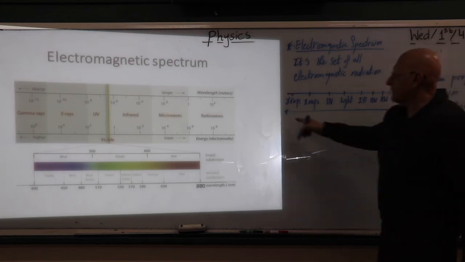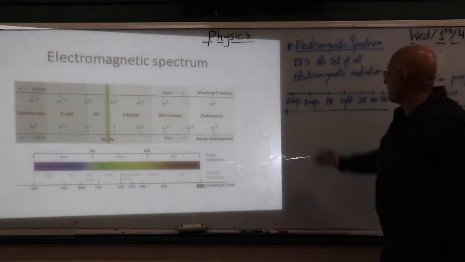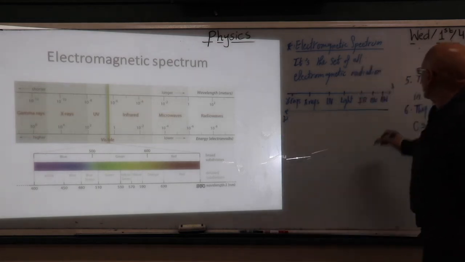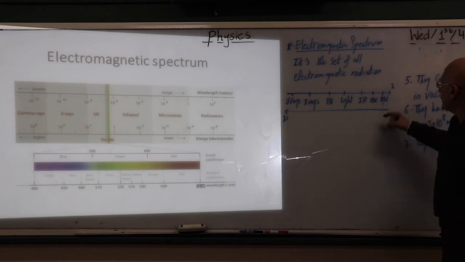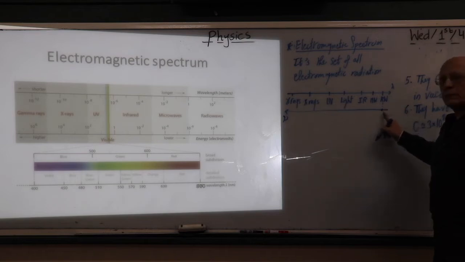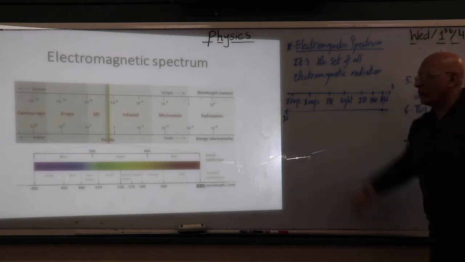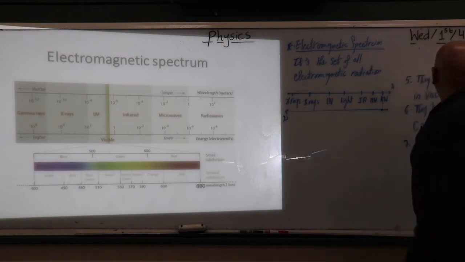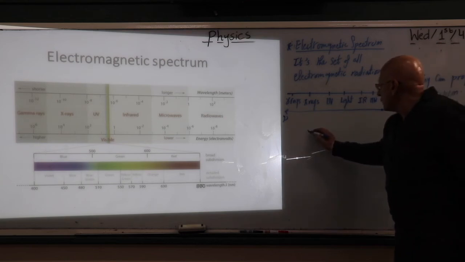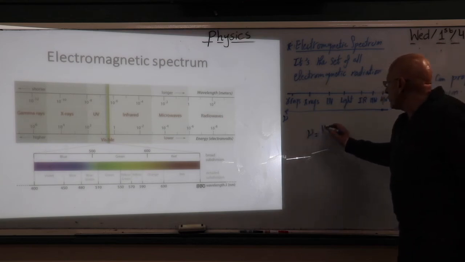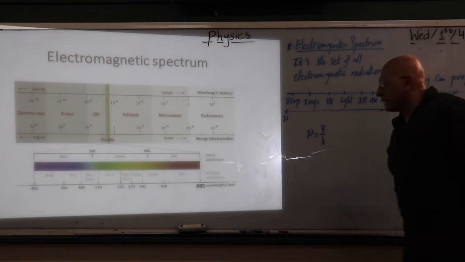The radio waves that have maximum lambda have the minimum frequency. Why? Because the frequency is equal to V over lambda.